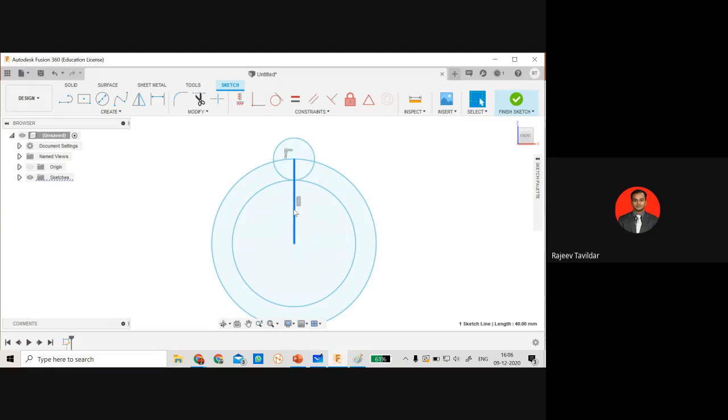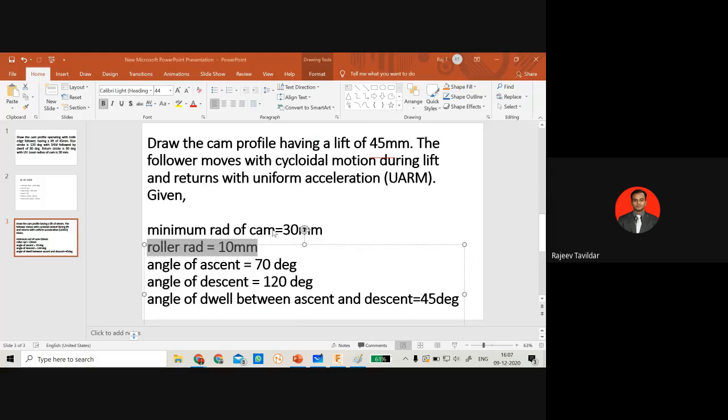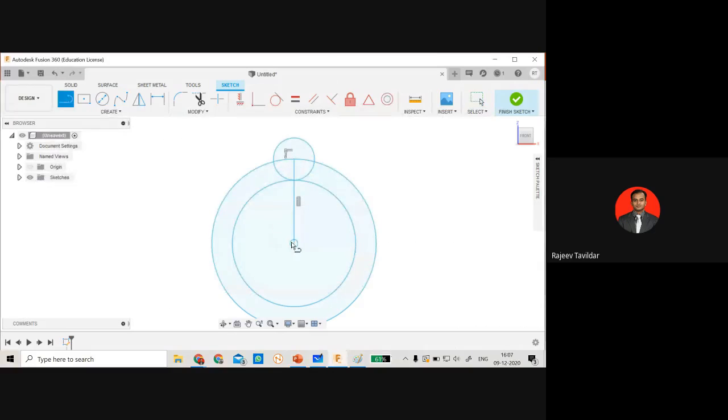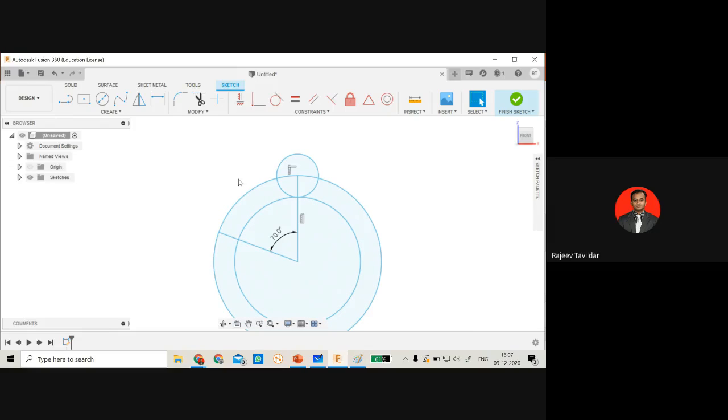So this being our start stroke, I'll just teach you for the rise stroke. I guess you can do it for the return stroke also by yourself. So the rise stroke was how much? I think it was 70 degrees. So I'll draw a line. Make sure that this is 70. Okay. And I'll make 6 divisions.